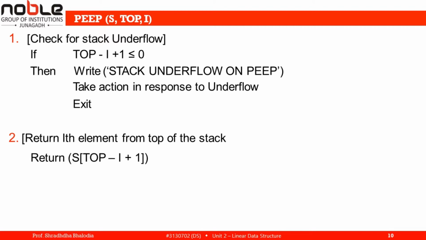So in the peep operation, first we check for stack underflow. As in previous algorithms, we check if top is equal to 0 or top is less than 0, then the stack is underflow and the peep operation is not allowed. Otherwise, return the element where top is indicated, and this is how the peep operation is performed on the stack.